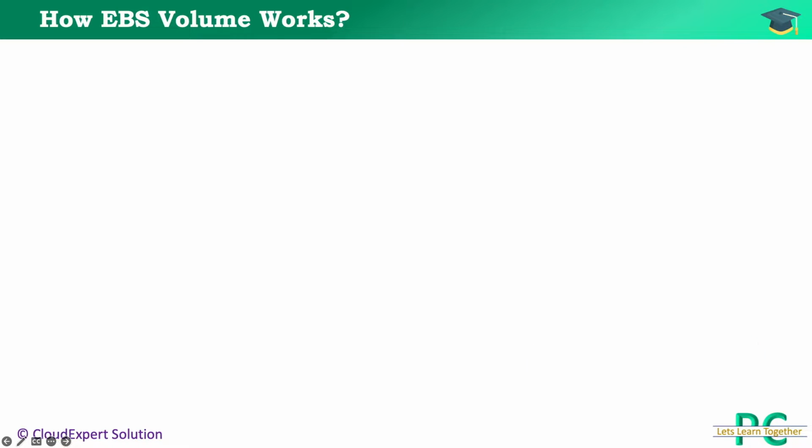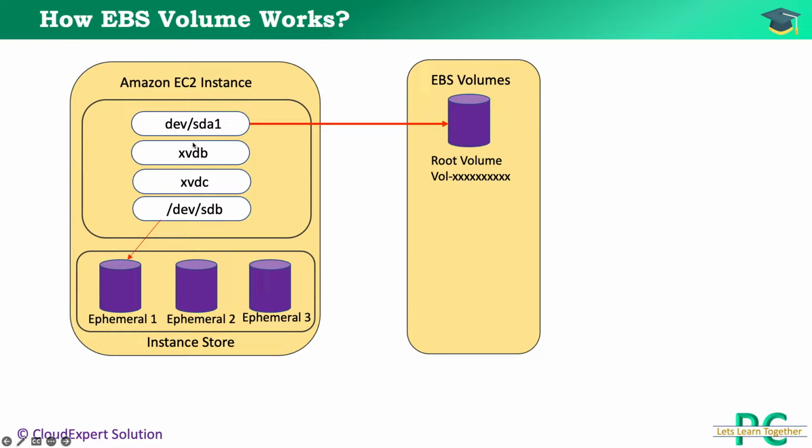Let's get started and let's try to understand how EBS volume works. When you launch an EC2 instance, the EC2 instance will come with a root volume, or a root EBS volume, and the architecture looks like this. Sometimes some instance families do not have an ephemeral storage or an instance store.